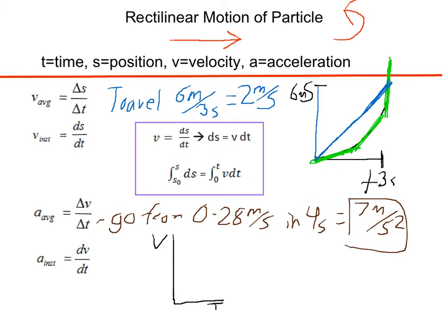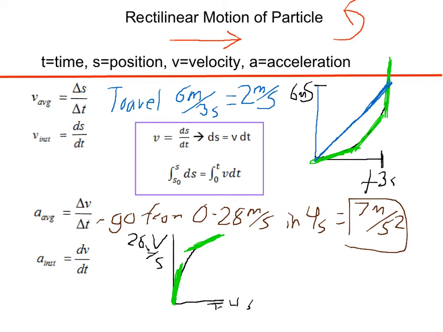And so we have a v-t graph right here, and there's our velocity with respect to time. Let's say this is 28 meters per second, and this is 4 seconds. At this point, the car is accelerating very fast. But up here, it's accelerating at a much slower pace.